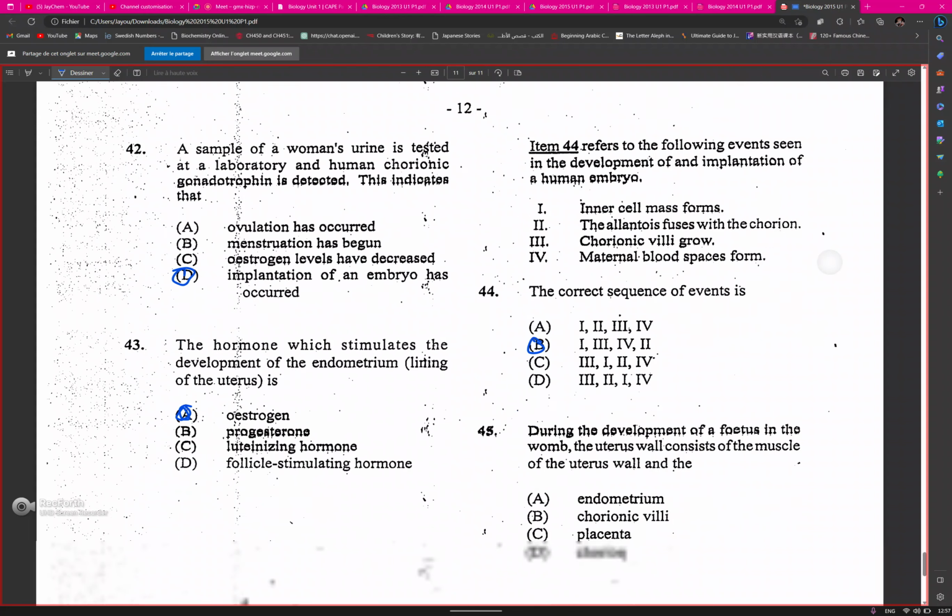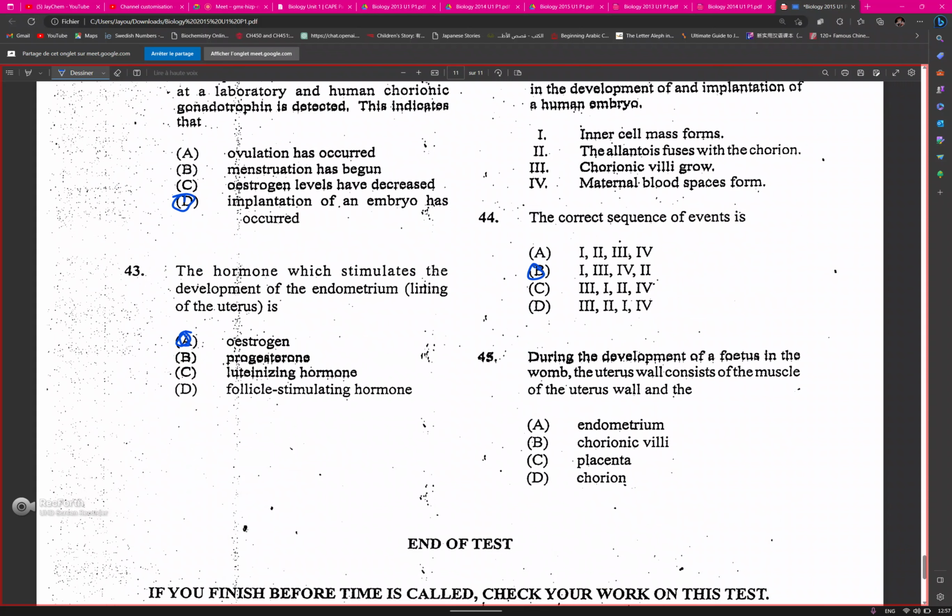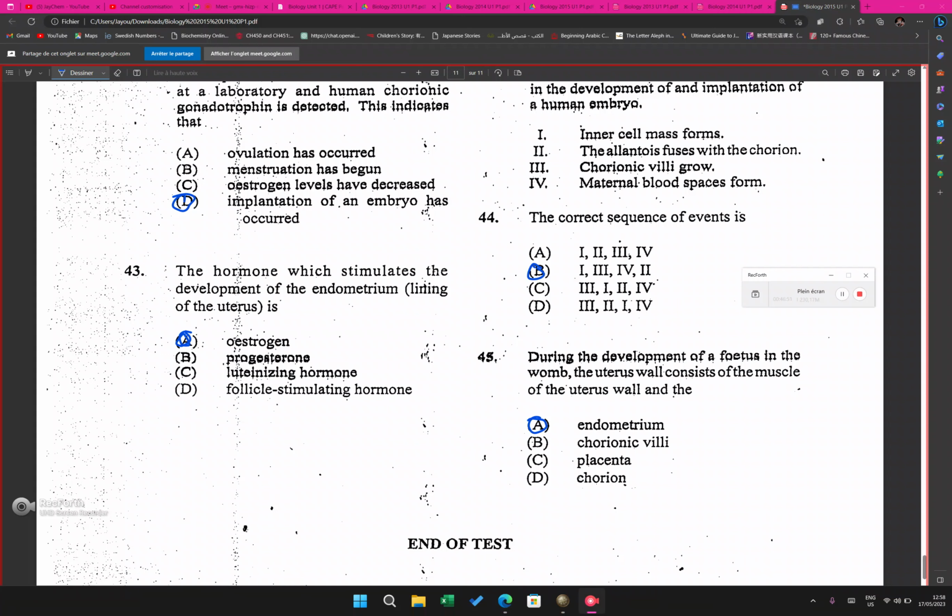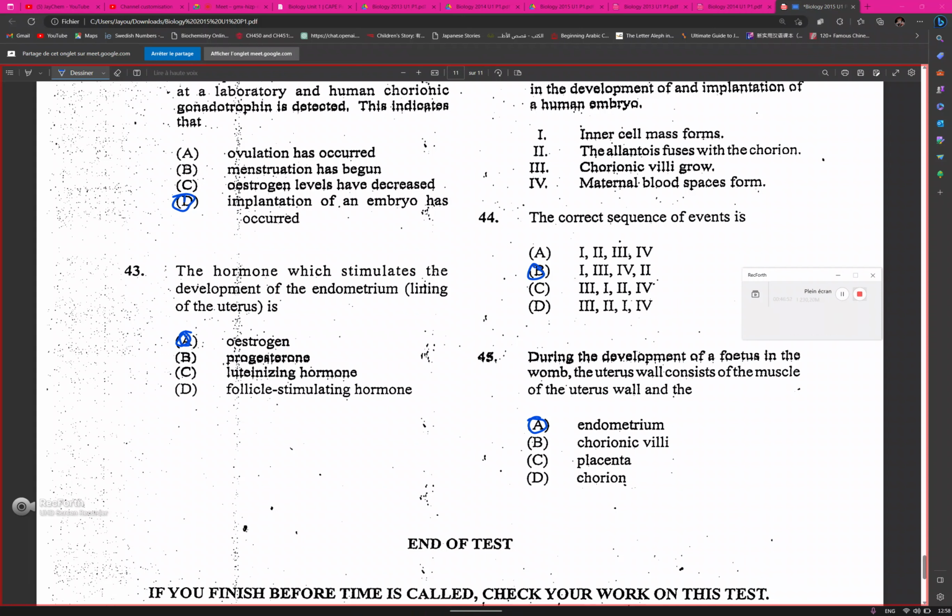All right, seems fine. 45, during the development of the fetus in the womb, the uterine wall consists of the muscle of the uterus wall and the A, endometrium. All right.